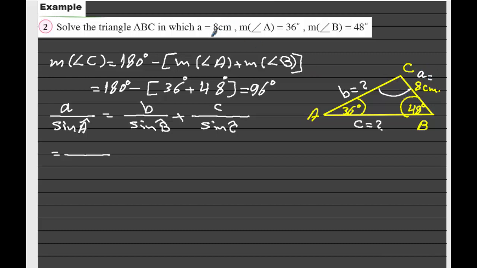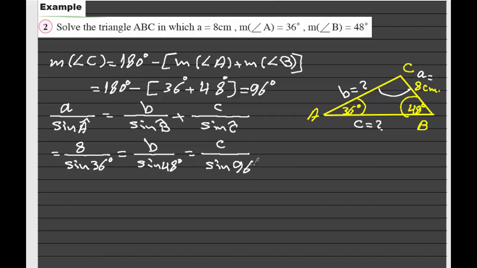It is the length of CB. So I write 8 over sine 36 degrees equals B, which is unknown, over sine 48, equals C over sine C, and C equals 96 degrees.